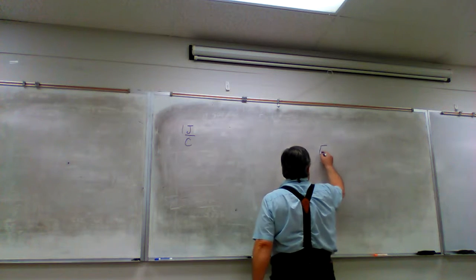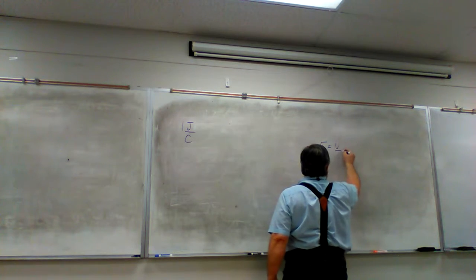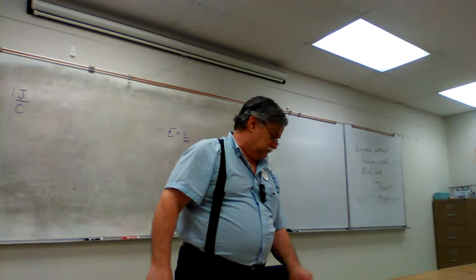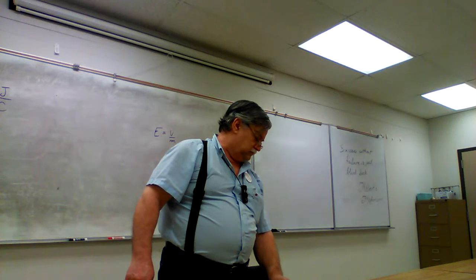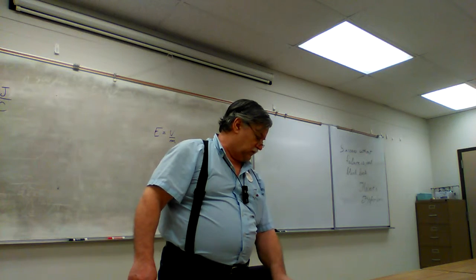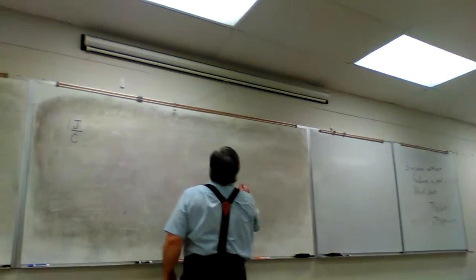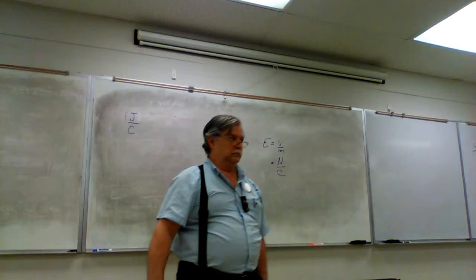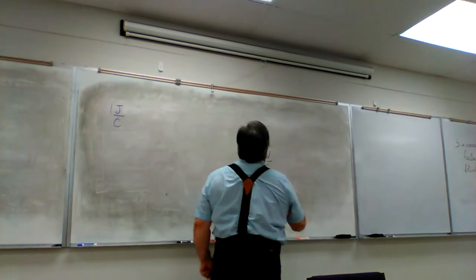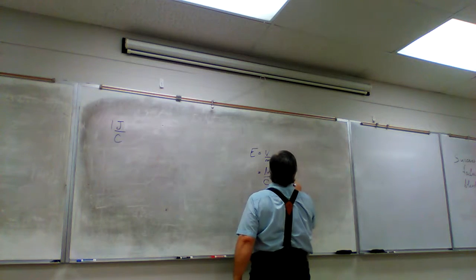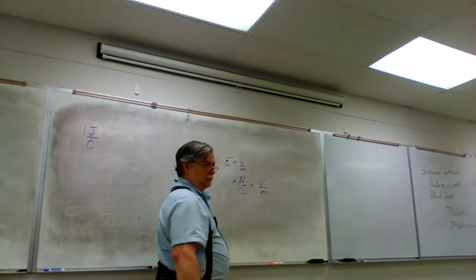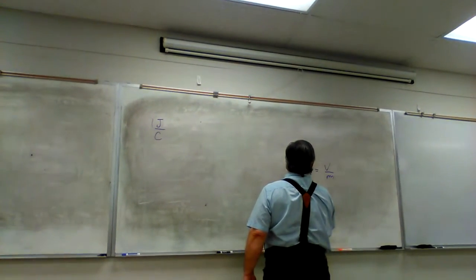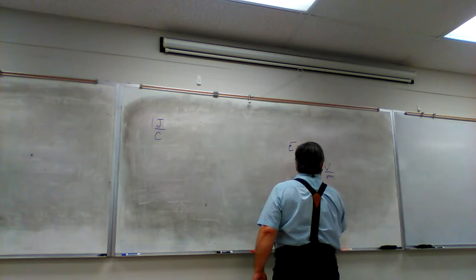E field is a volt per meter. Your E field is a Newton per coulomb. A joule is a Newton meter.